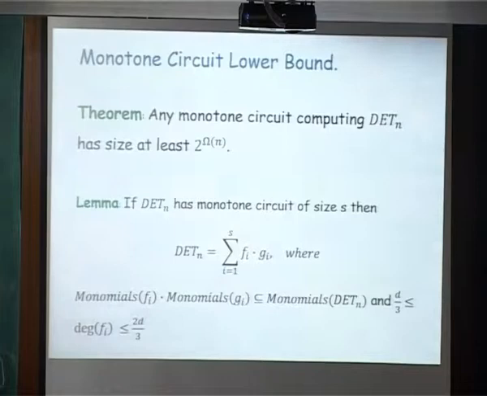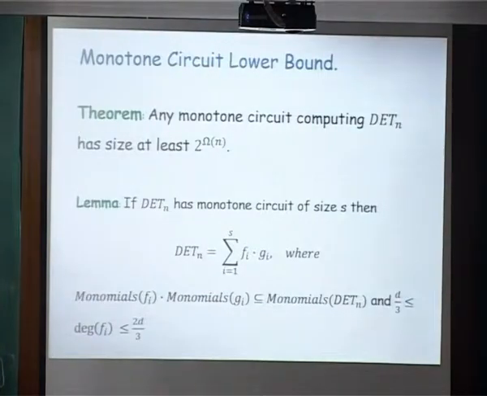And because these Fi's and Gi's are intermediate nodes in my monotone circuit, it also holds that the set of formal monomials computed at Fi times Gi must be a subset of the monomials in the determinant. Right?